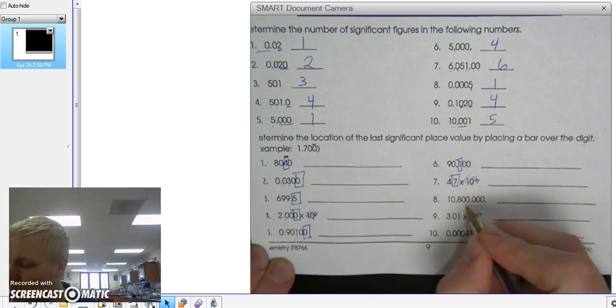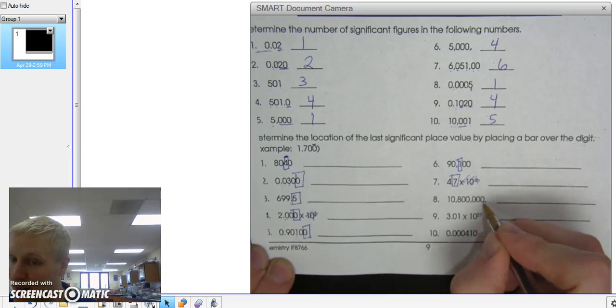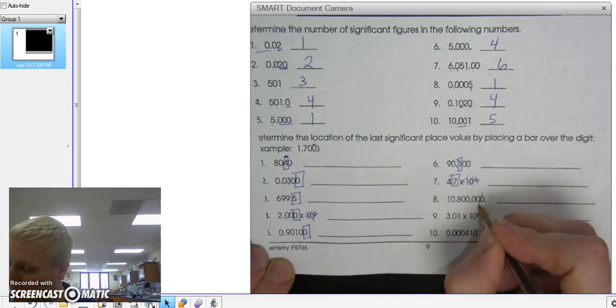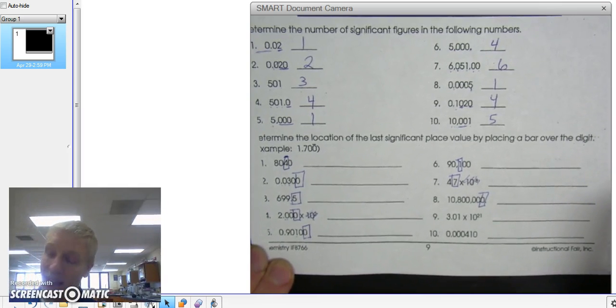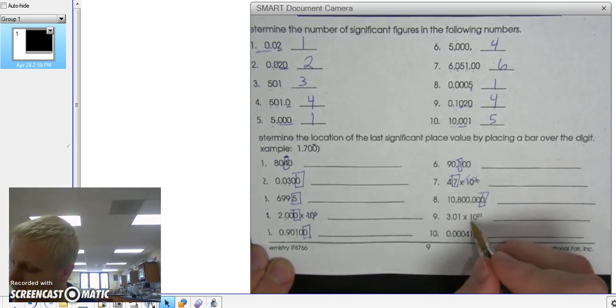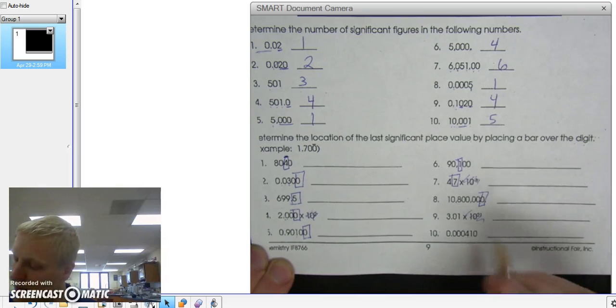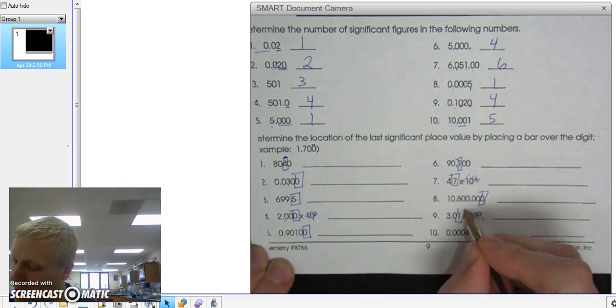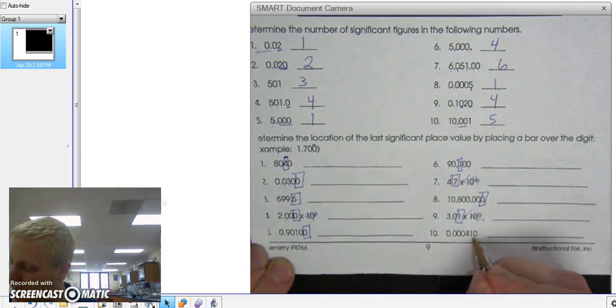Technically these zeros would not be significant, but there's a decimal point saying, yes they are. So that 0 is significant, that's the last one. Again, 3.01 times 10 to the 21st. The times 10 to the 21st is not significant. The 1 is a significant figure, so I'm just going to circle that. This 0, is it significant? It's after a sig fig, it's after a decimal, so yes, it is significant.